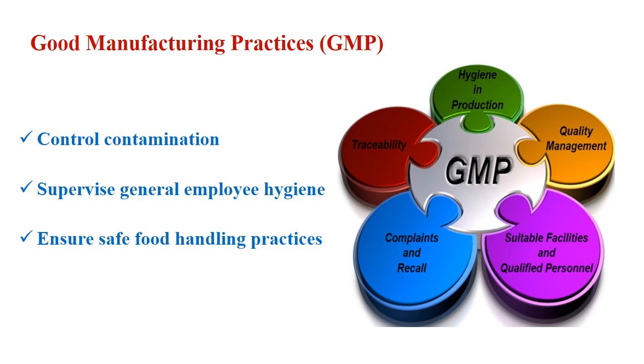But in general, if we see the overall GMP, it includes quality management, suitable facilities and qualified personnel, complaints and recall, traceability. Traceability means for any product we should be able to trace where it comes from, which date, which batch and all details. And the most important aspect is hygiene in production.